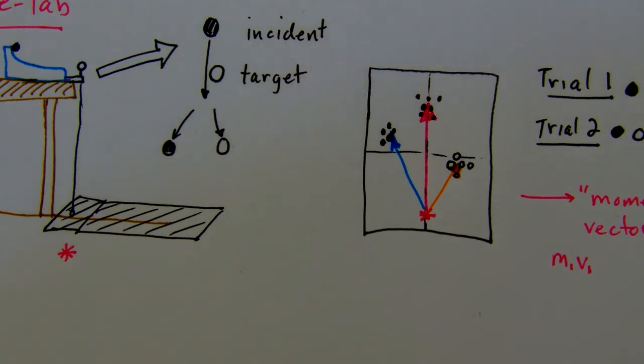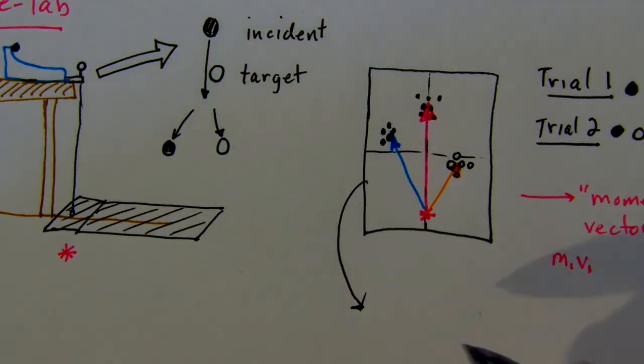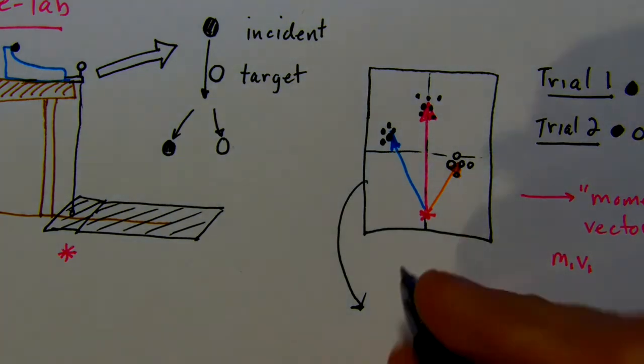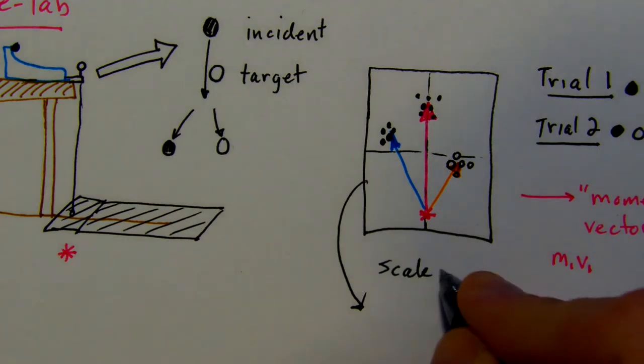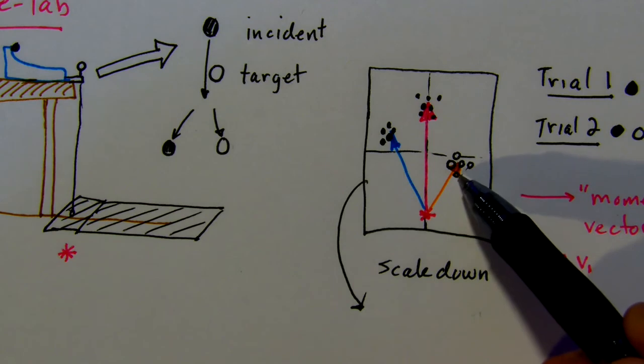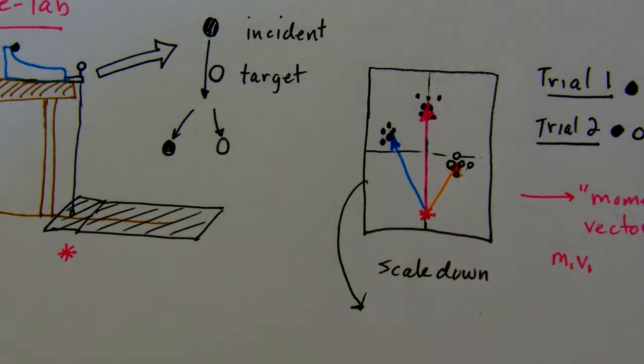But the idea is that when you are done, you are going to transfer all of this, and these are very large, by the way, to a single sheet of paper, so you're going to have to scale it down. So this might be as much as 30 centimeters, and this might be 43 centimeters or something like that.